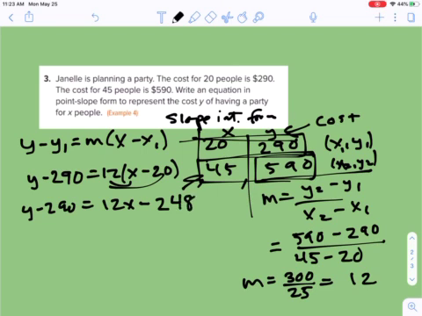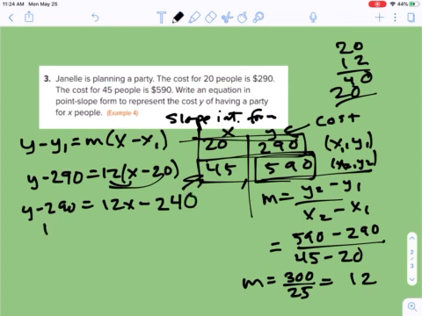Let's just check. You guys are going to laugh because I'm probably completely wrong. Oh, I'm completely off, so it's negative 240.